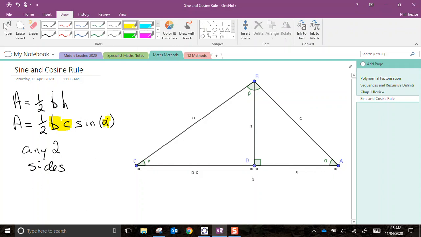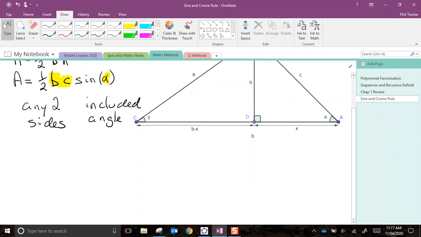Angle alpha is the included angle. By that, I mean it's the angle between side b and c. This is a scalene triangle, so side b and side c happen to have angle alpha as the included angle.